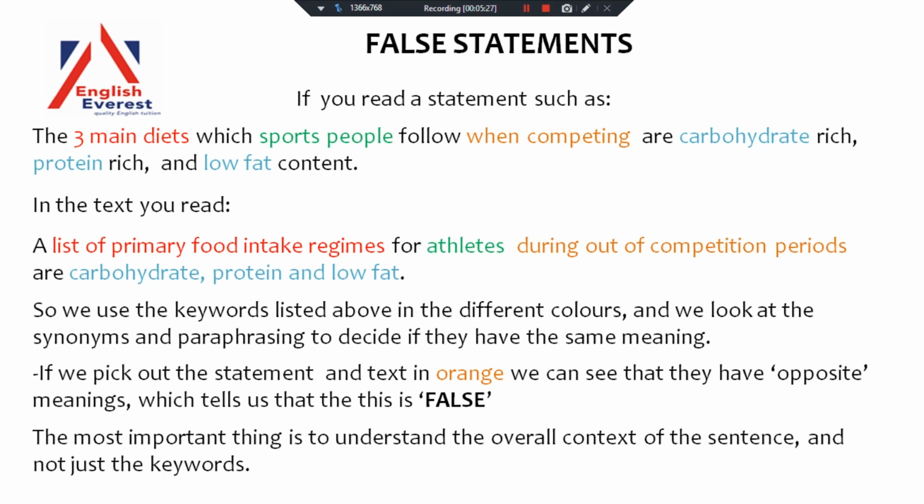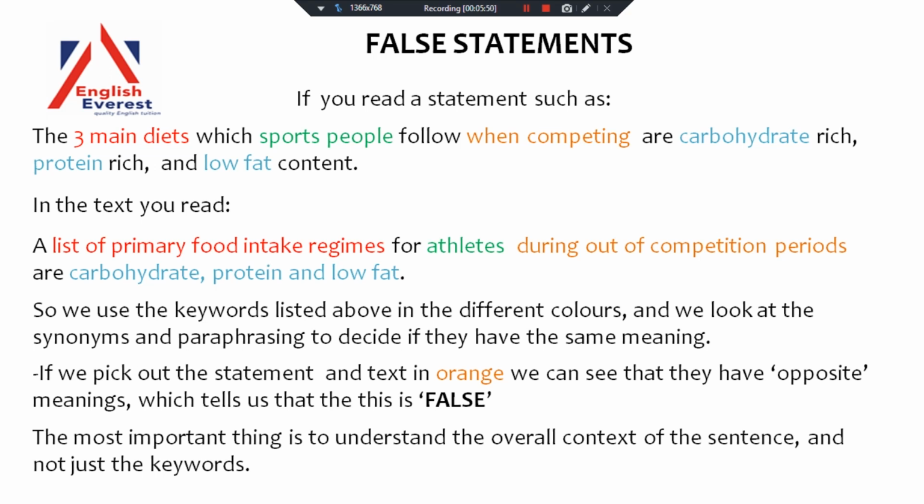So looking at all the sentences here again, we can see that three main diets matches with list of primary food intake regimes. Sports people matches with athletes. Carbohydrate, protein and rich all match.